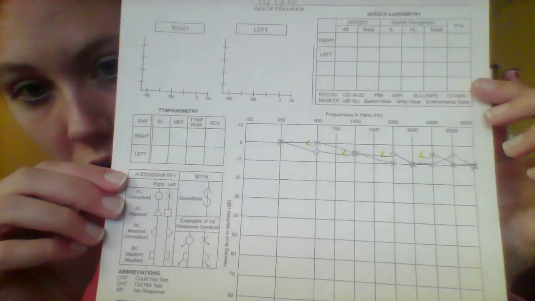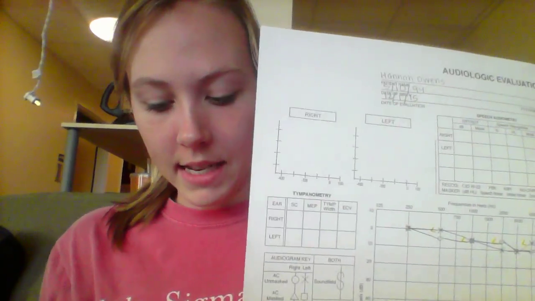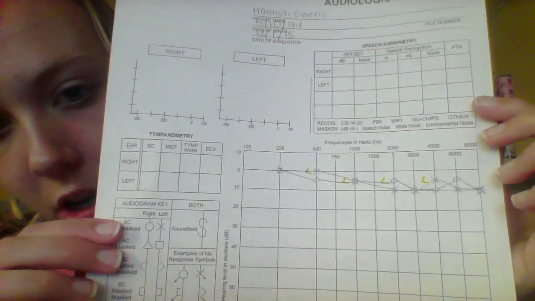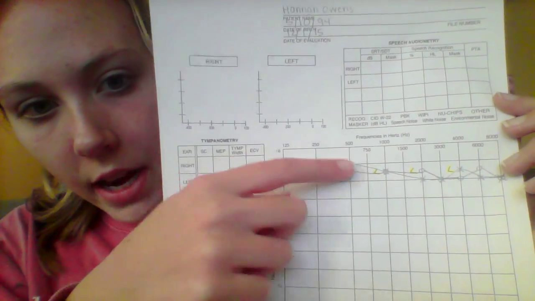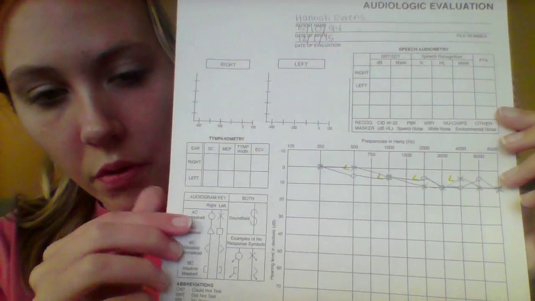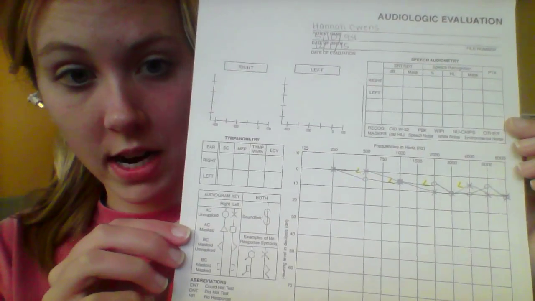She can hear normal sounds just like any other person with normal hearing could. And so you can see that her bone conduction symbols are right near her air conduction symbols. And so they're both within normal limits, which means that her ears are functioning just fine.